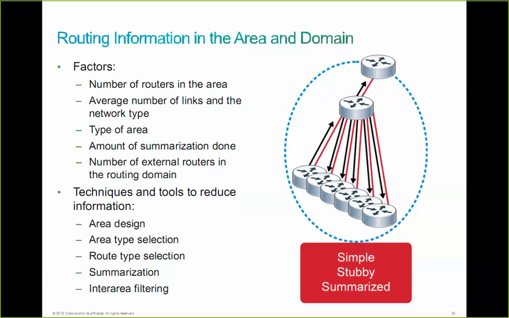Well, the number of routers and the links to adjacent routers within the area are going to determine how much information is in the link state advertisement database or how much routing information is in the area itself. The type of area, the amount of summarization, all of these are factors that are going to influence the amount of routing information that gets propagated through OSPF.